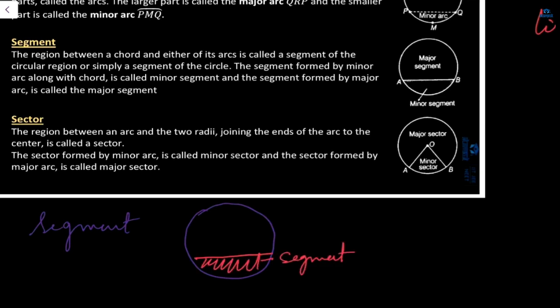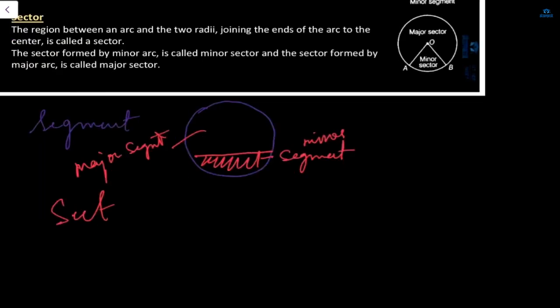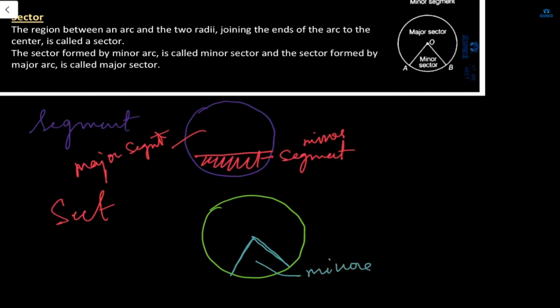Since this is a smaller one, this will be a minor segment, and this one will be the major segment. Similarly, sector. A sector is the area between the arc and the two radii. The smaller one is called the minor sector, and the bigger one is called the major sector.